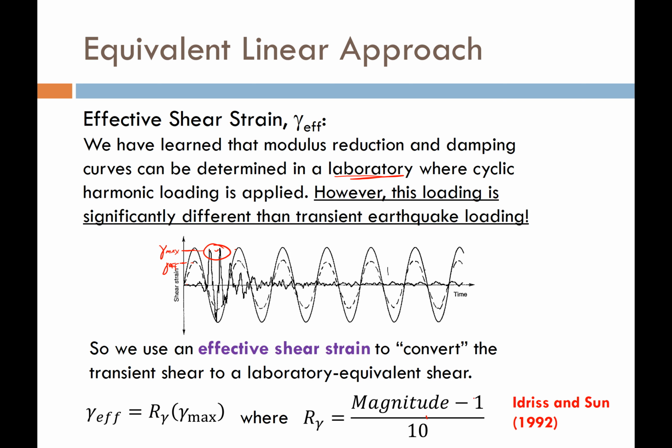So Idriss and Sun proposed this relationship right here, which is a function of earthquake magnitude. For a magnitude 7.5 earthquake, we get a factor of 0.65, which is pretty standard. But if I have a larger magnitude, meaning a longer duration and more energy, then I would expect that factor to be a little bit higher.